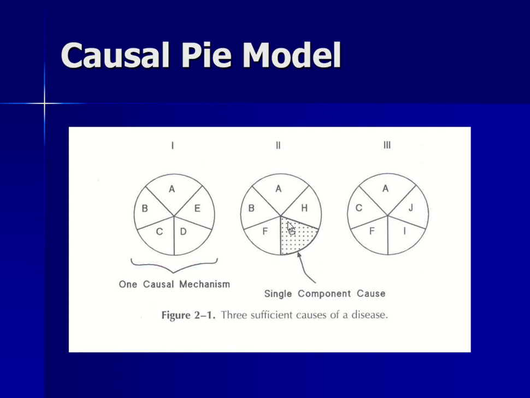You will not be able to see a link between G and the disease, and you will conclude that G is not associated with the disease. That explains why in certain studies they find one element to be associated with the disease, whereas in other studies the same element is not associated, because that element by itself is a contributing cause, and it depends on the presence or absence of other elements to be able to constitute its causal pie.